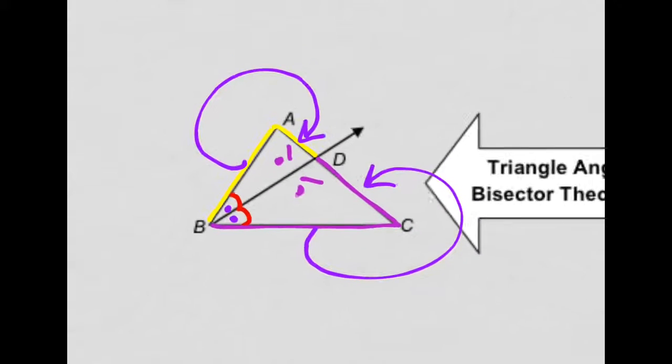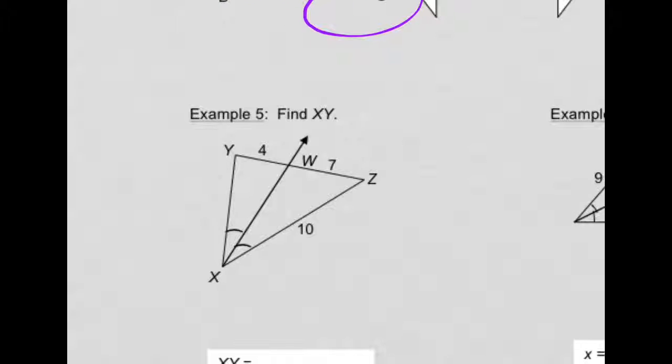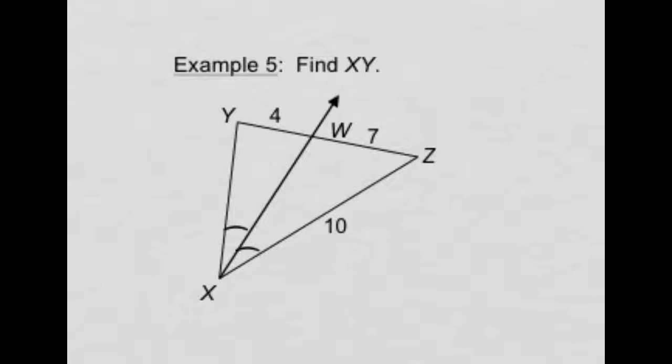So let's put that little guy to use here. So here we have an angle that is being bisected by a ray, just because I'm going to put my little nostrils down here, alright? And we're asked to find xy, this guy right here.